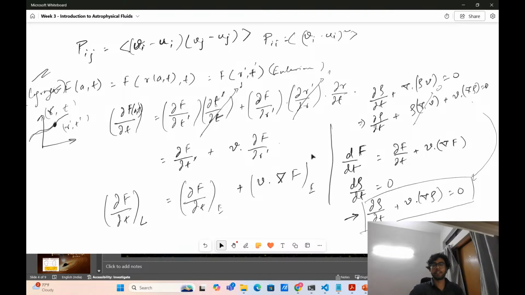Anyway, this was just an example. But generally what I am trying to say is that d dt is equal to del del t plus v dot del. Okay, so in more concise form, let's just write it here: D dt equals del del t plus v dot del.